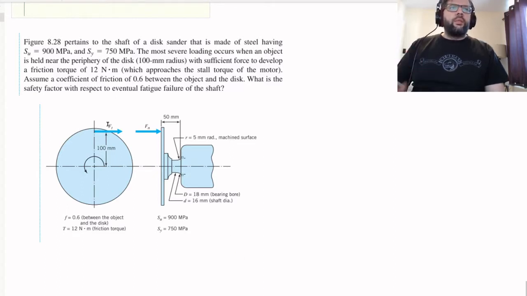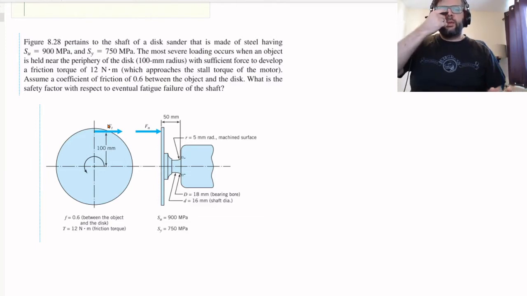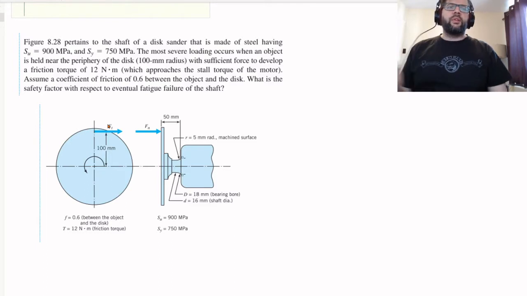we know that it has basically a stall torque of the motor. So basically, there's a certain maximum amount of torque that it can apply. That limits, that's kind of our maximum loading condition, and that occurs when the torque applied is 12 Newton meters.